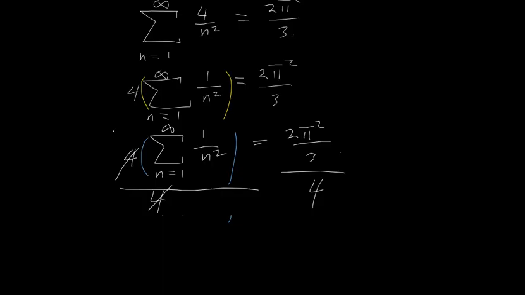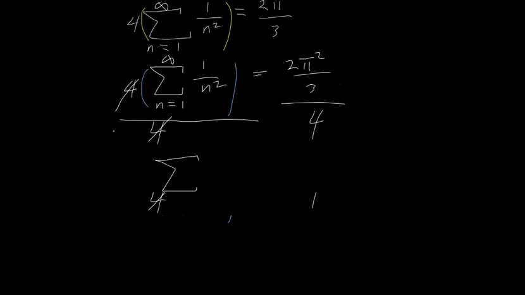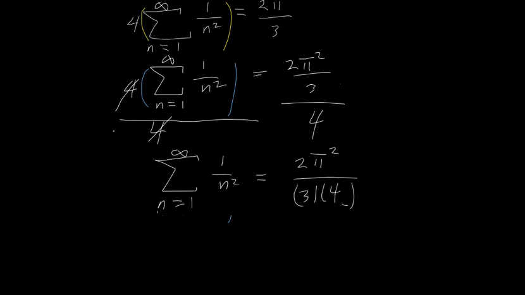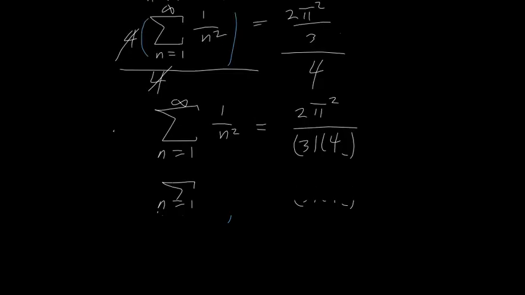So the sum from n equals 1 to infinity of 1 all over n squared is equal to 2 pi squared all over 3 by 4. I'm dividing, isolating for the infinite series.